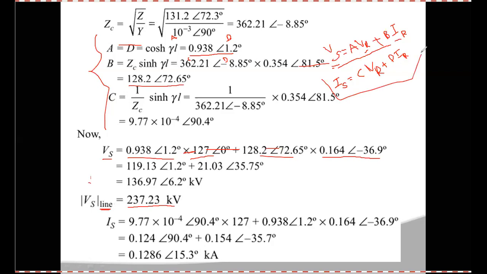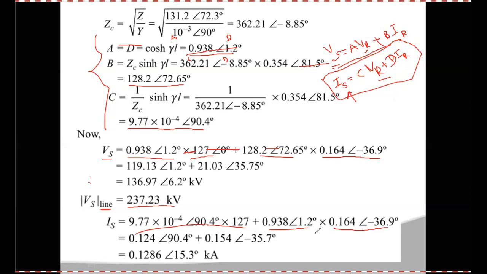Now by using this equation, you calculate the sending end current also. Sending end current Is is equal to C into VR plus D into IR. C value here is 9.77 into 10 power minus 4 at an angle of 90.4 degrees, and VR value is 127, and D value here is 0.938 at an angle of 1.2 degrees, and IR value is 0.164 at an angle of minus 36.9 degrees.